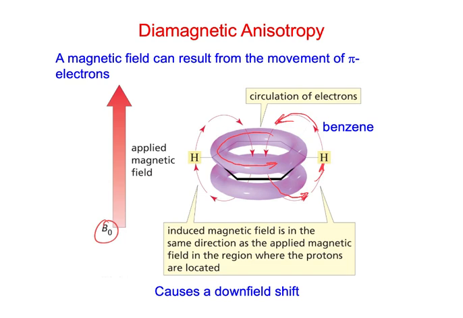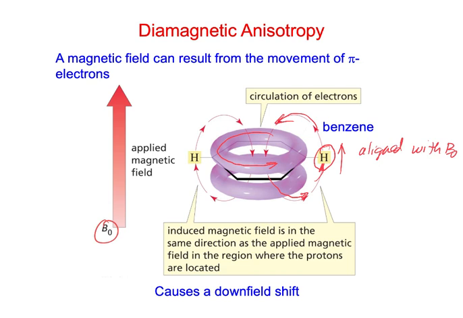And the important part is that around the position of where the proton is, these magnetic field lines are aligned with B0.